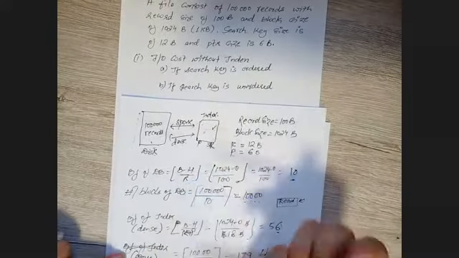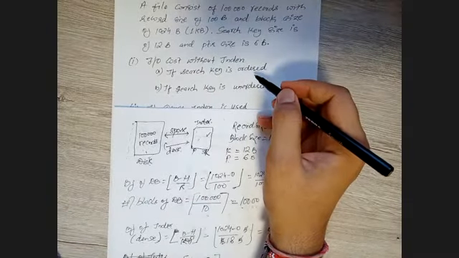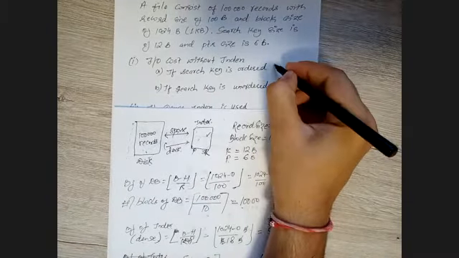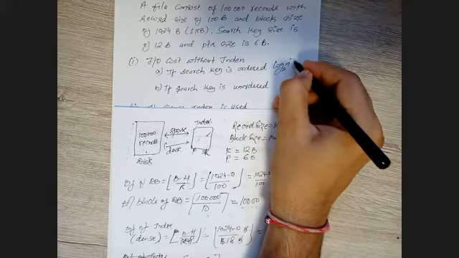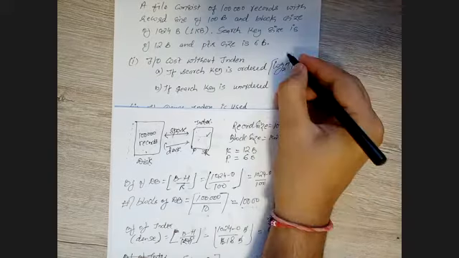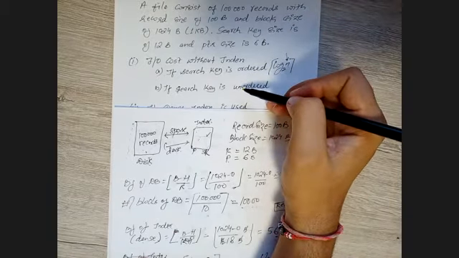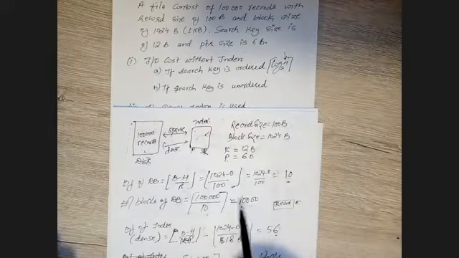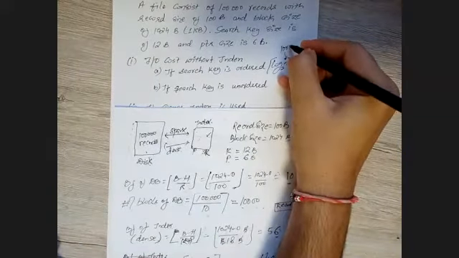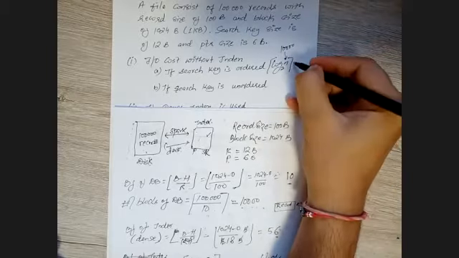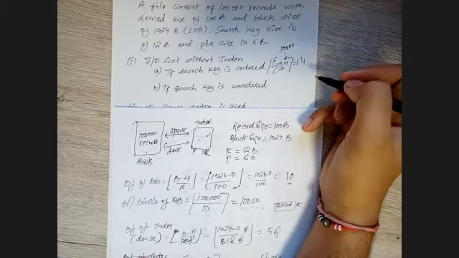We know if the search key is ordered, the formula is log n, where n is the number of blocks, that is log of n base 2, ceiling value. The number of blocks here is 10,000. So the value is around 14 blocks.